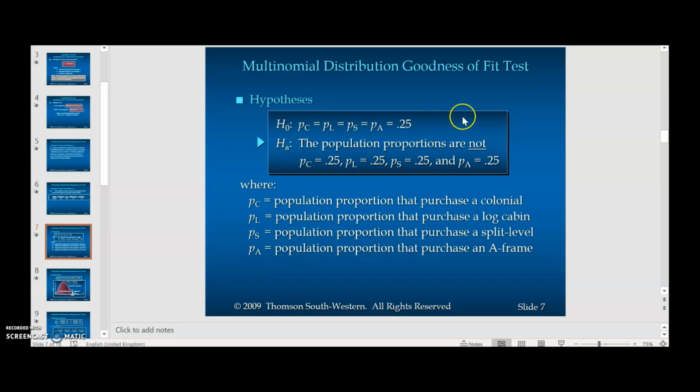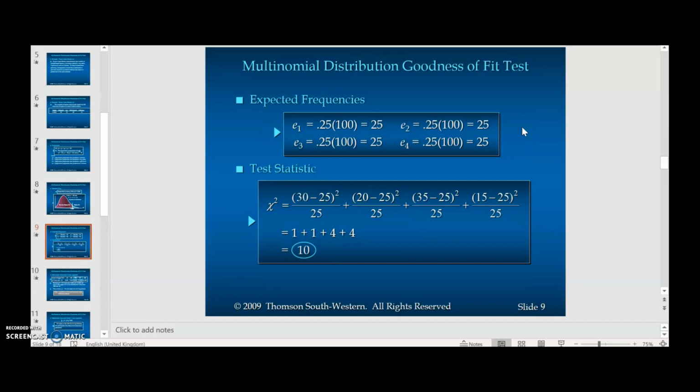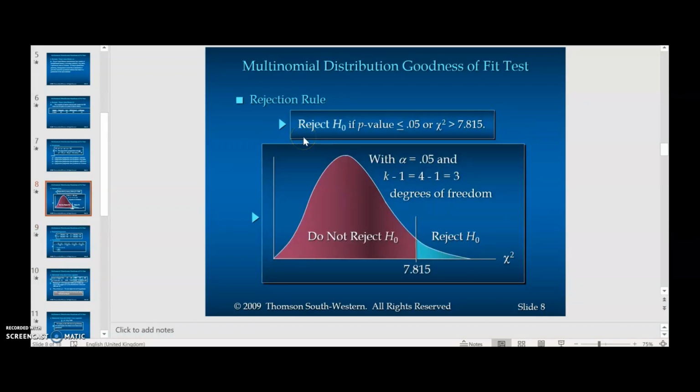If we fail to reject the H null, then we cannot conclude that the H alternative is true. So we will reject the H null if the p-value is either equal to or less than 5%.